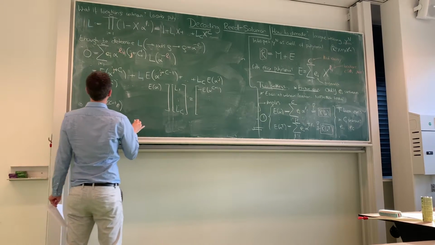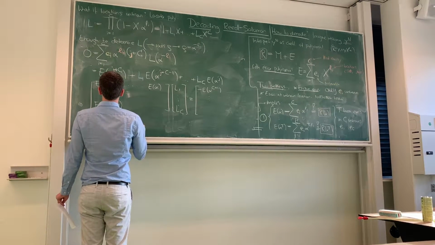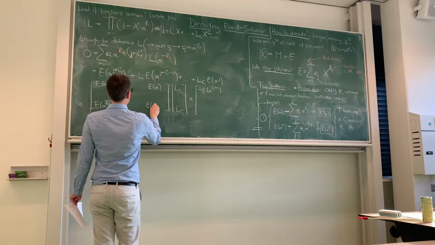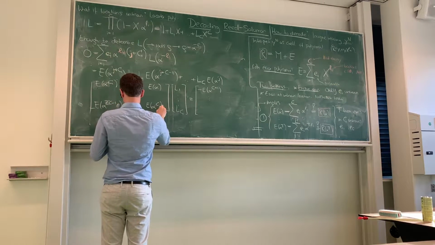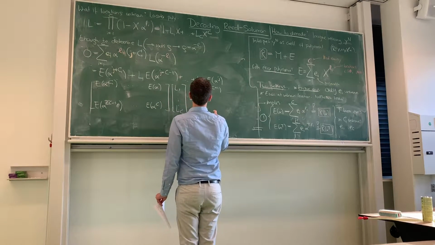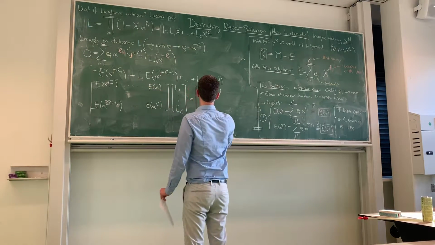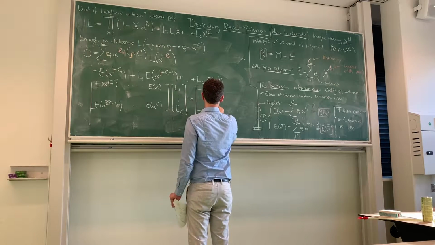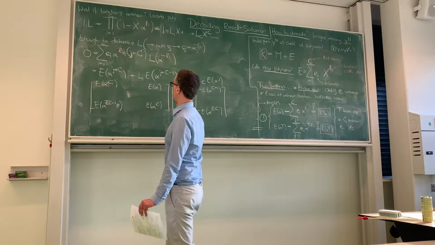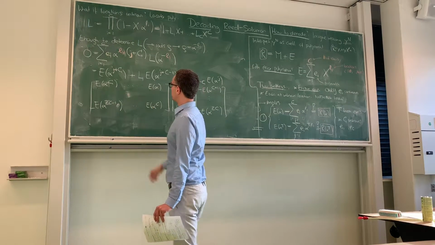Okay. All right, up to E of alpha to the c, I think. And then on the right-hand side, we have E of alpha to the 2c here. So again, this corresponds to j equals c. Cool.